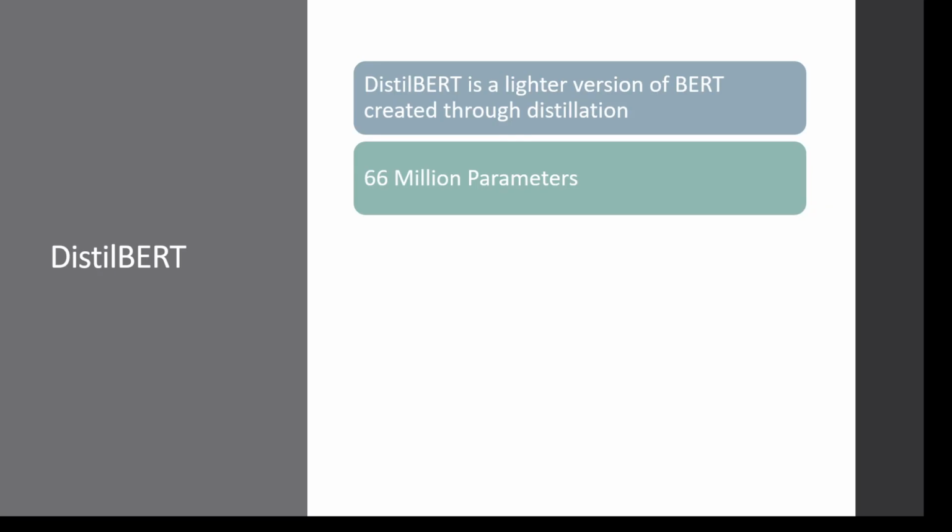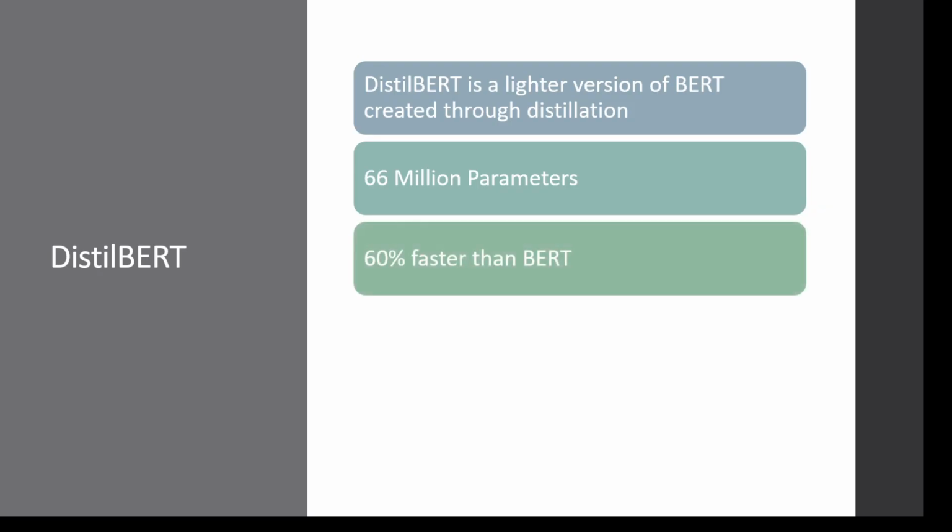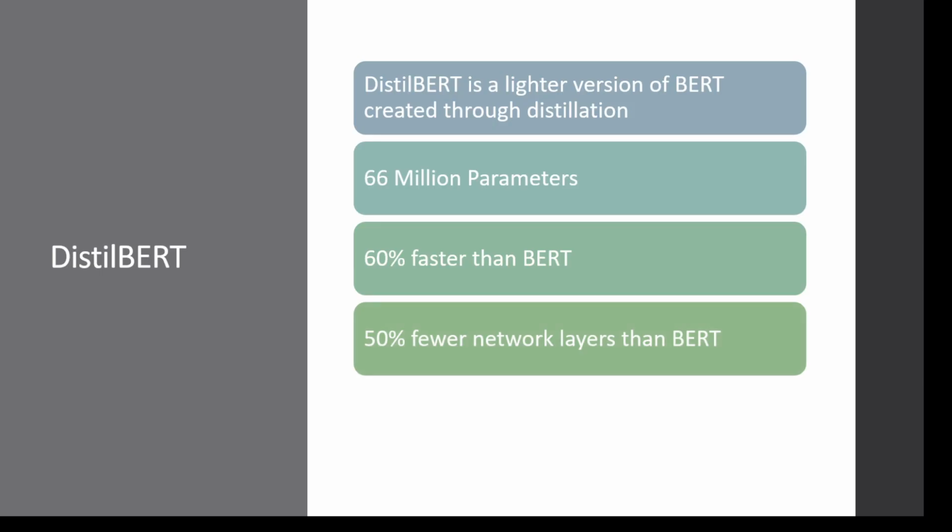Key points for DistillBERT: it's much smaller than BERT, so from 340 million parameters down to 66 million parameters. It's 60% faster than BERT, which lends to implementing these capabilities in more real-time applications, and has 50% fewer network layers than BERT.